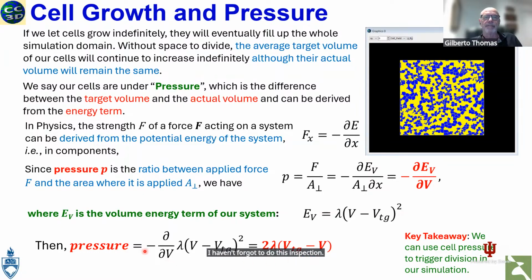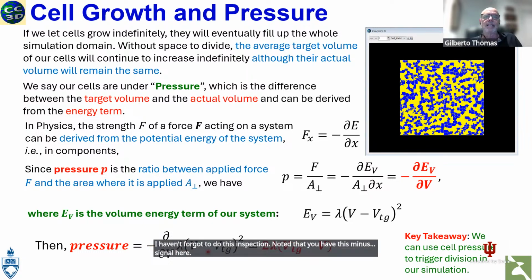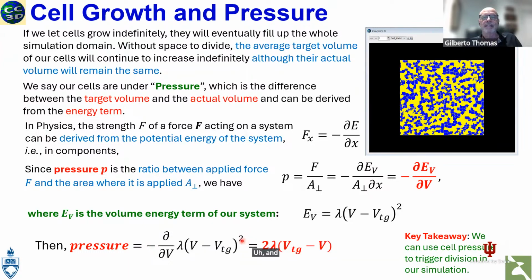Note that you have this minus sign here. And when we make the derivative, this minus enters into the parentheses and changes the position of V_target and volume here.